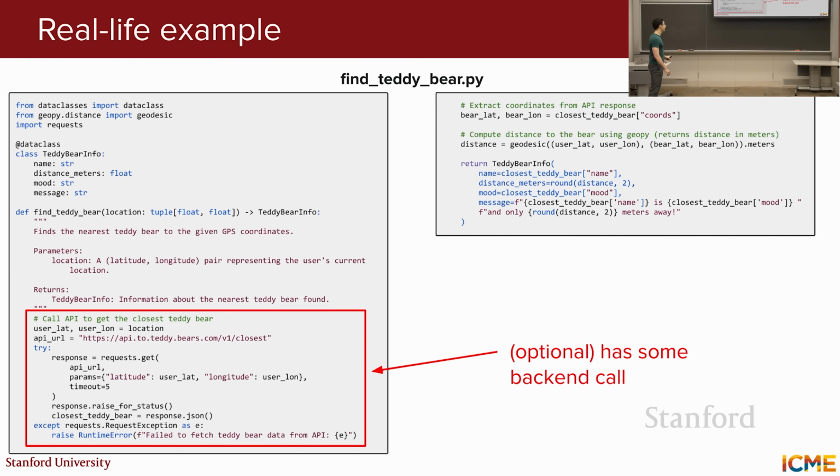This is exactly what we would need to do in the case of finding teddy bears around you. You would need to query some API to retrieve available teddy bears, and based on your location, return the nearest ones. This is exactly what this function implementation is doing.